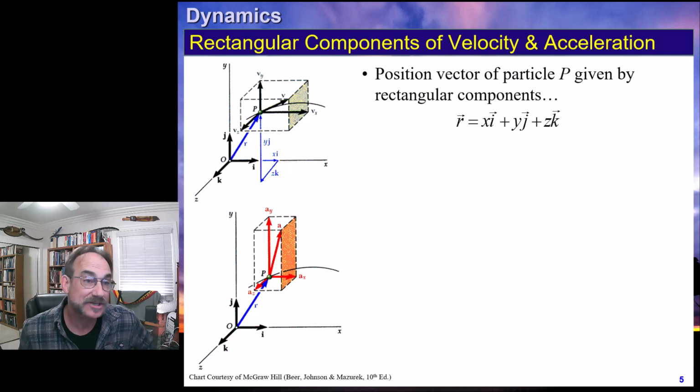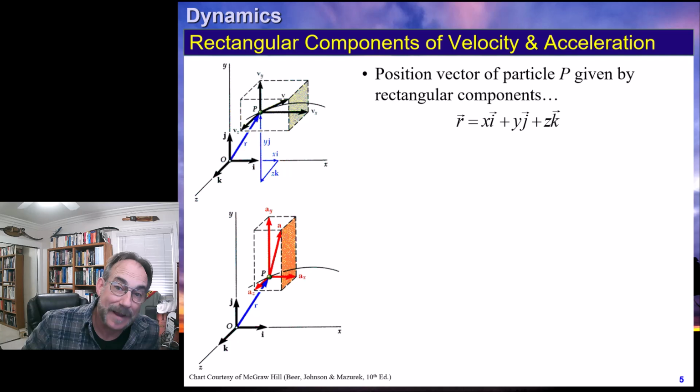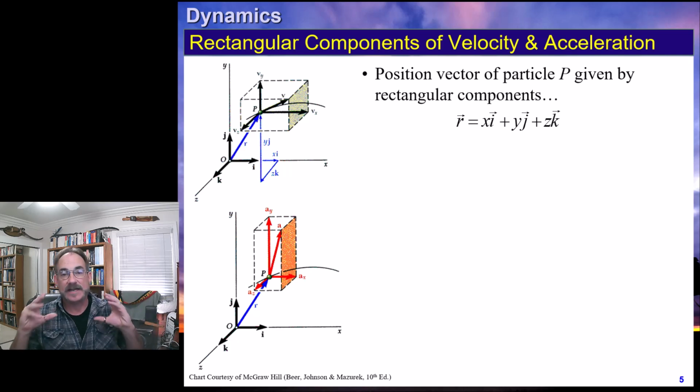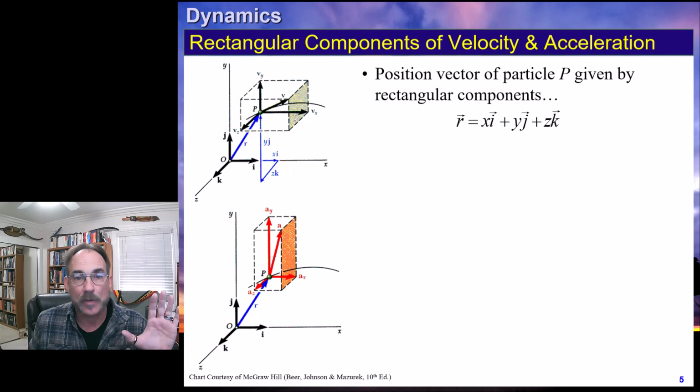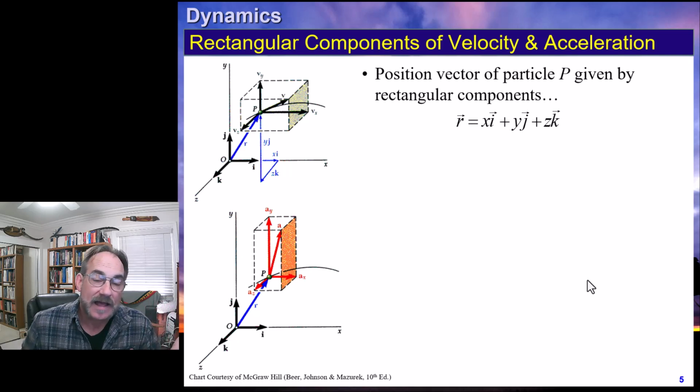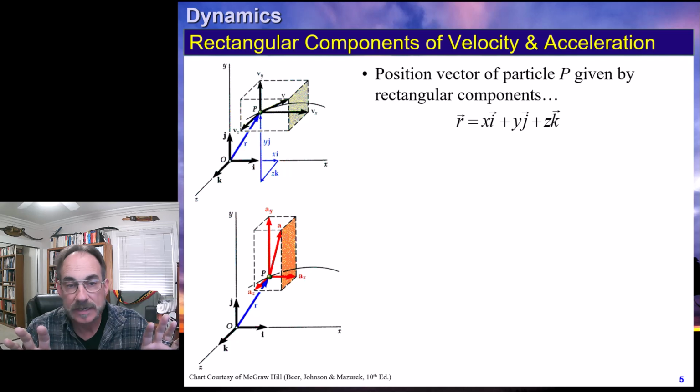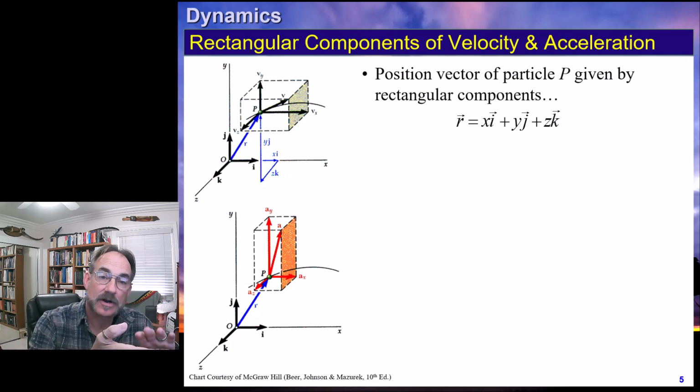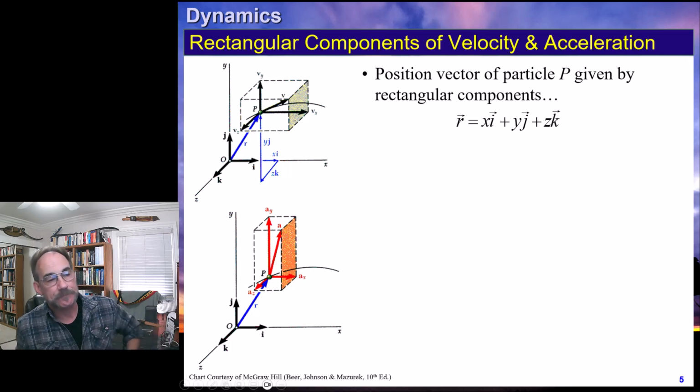Our i, j, k's are vectors. x, y, z are just magnitudes, but altogether they define the whole vector that defines where that point is. It's critical to understand this simple concept. Once we understand that, we can evaluate the velocity and the acceleration with respect to change in time quite readily. Often we will take the equations and work with them as if we're working with scalars. And often we will take this vector and just differentiate it to get that velocity and acceleration.